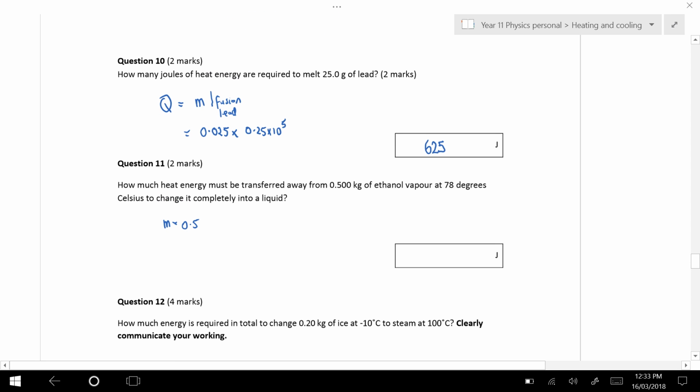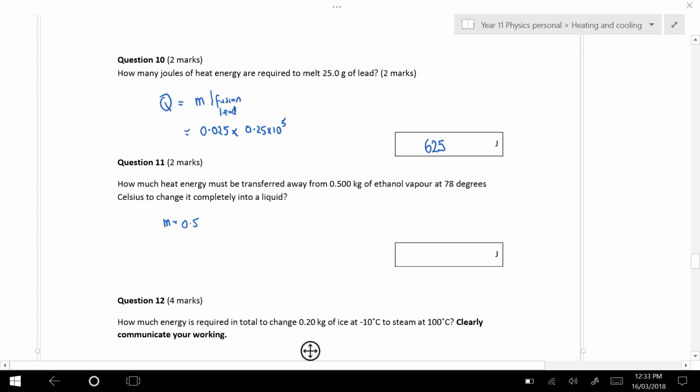Just multiplying those out, that's 4.35 by 10 to the power of 5 joules.